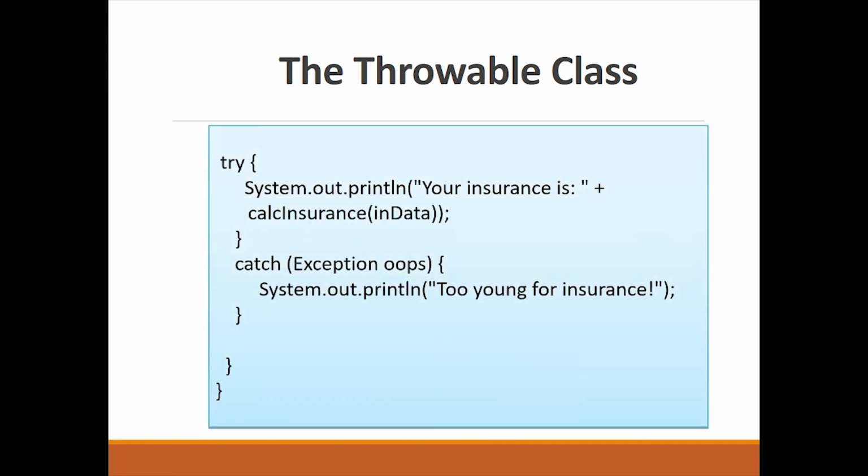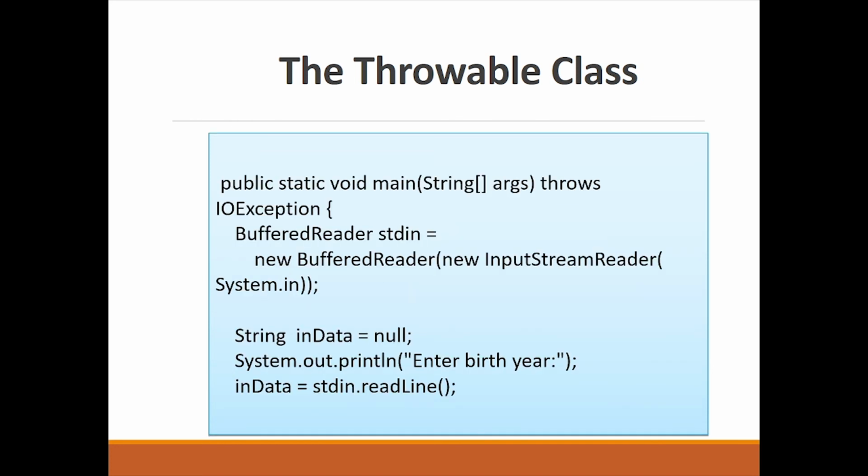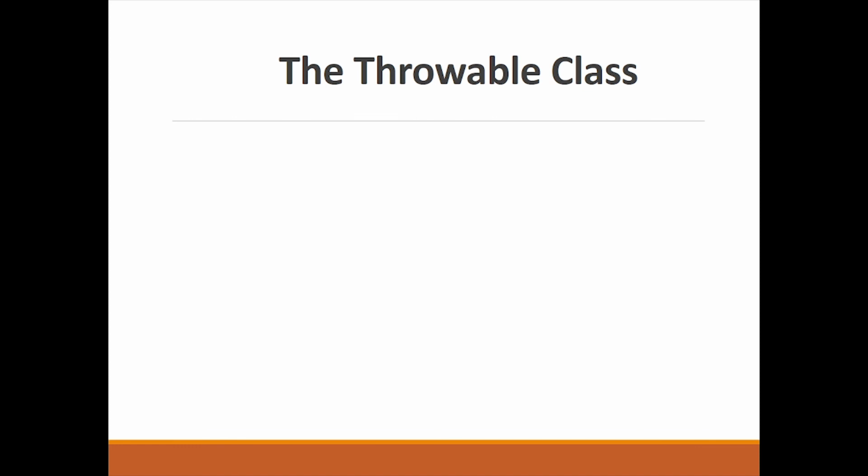And then now on our try and catch, first it's going to call the calcInsurance method, and inside that is inData. As you can see here, inData is going to be the birth year that is placed inside the Notepad file that we will be using.